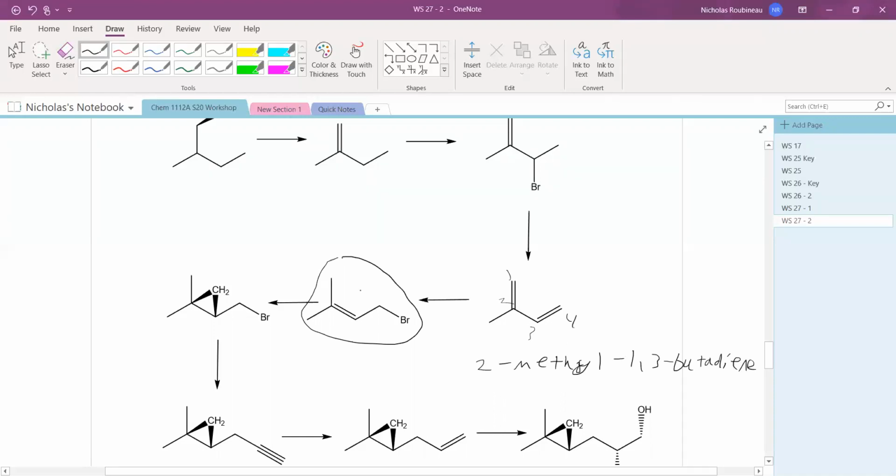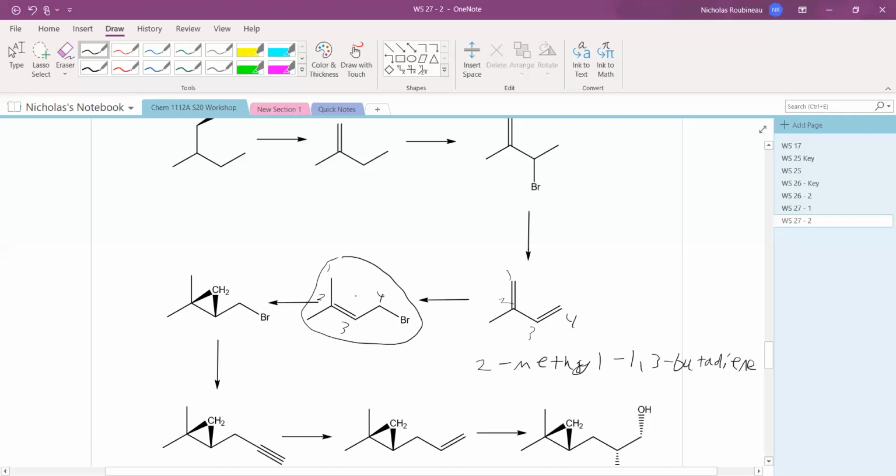And what about this circle structure I have here? Yep, that looks correct. So again, we start numbering from the side closer to the double bond. So this would be the way we number it.